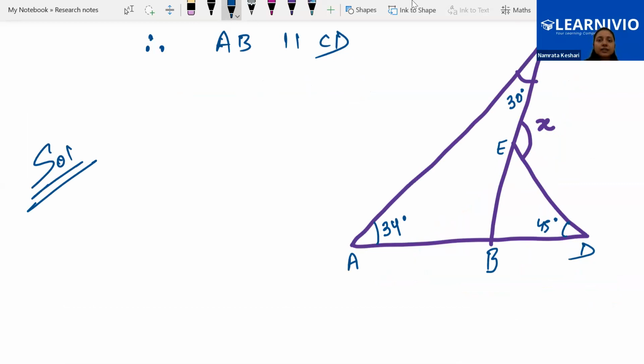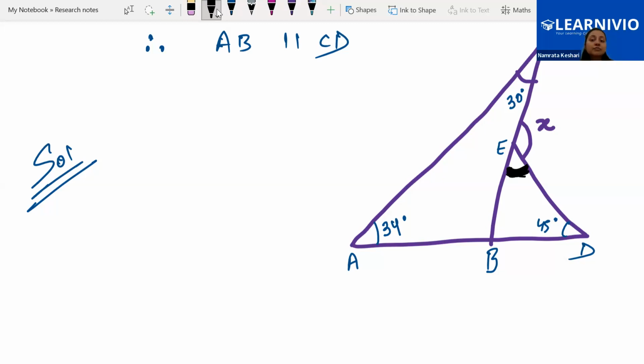If we are able to find this black angle, then we can find angle x by linear pair. We can see BC is a straight line, so by using the linear pair axiom, we will be able to find x.